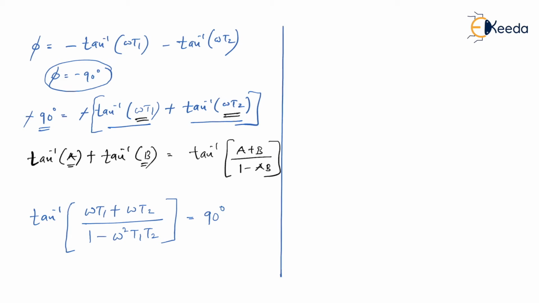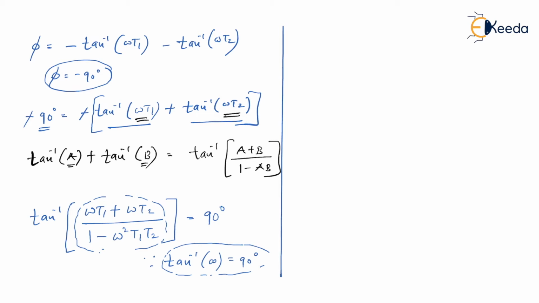Yes or no? So what we know is, since tan inverse of infinity is 90 degree, I can declare that this ratio is infinity. But then when this ratio will become infinity, mathematically you can think when the denominator becomes 0. So if this ratio is infinity, let me consider my denominator to be equal to 0.